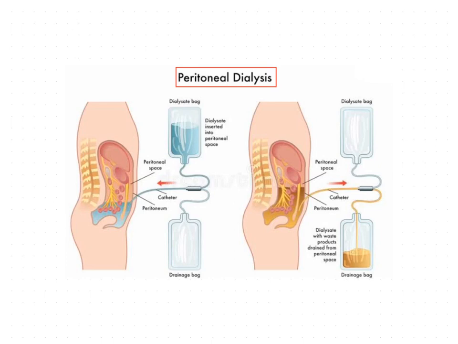Here they have used a dialysate bag and a catheter into the peritoneum, and then they drain the infected fluid into the drainage bag. So this is called peritoneal dialysis.